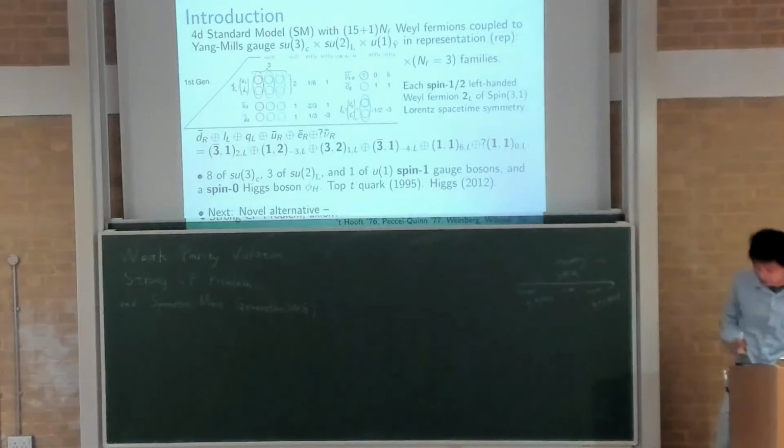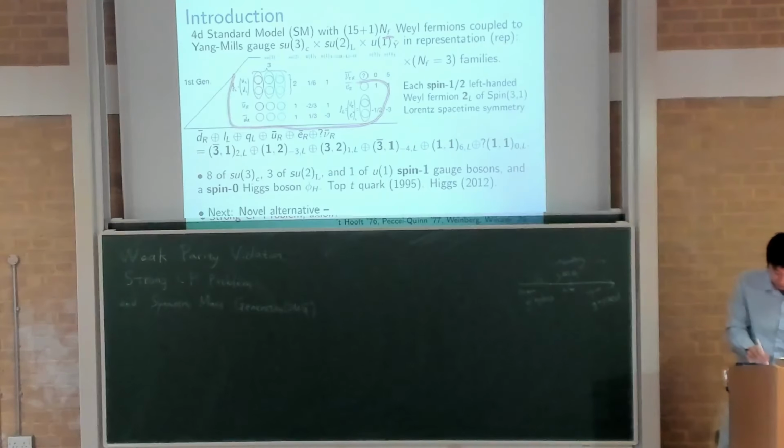Okay, so let me write this down in terms of representations of the SU(3), SU(2), U(1) Yang-Mills theory for the standard model with the 15 Weyl fermions, possibly plus, or maybe not, the right-handed neutrino, which we have not found. All these representations are drawn in terms of cartoons, and their quantum numbers are here. The main point is that you can see SU(3) is symmetric with respect to parity, but the U(1) hypercharge is not.